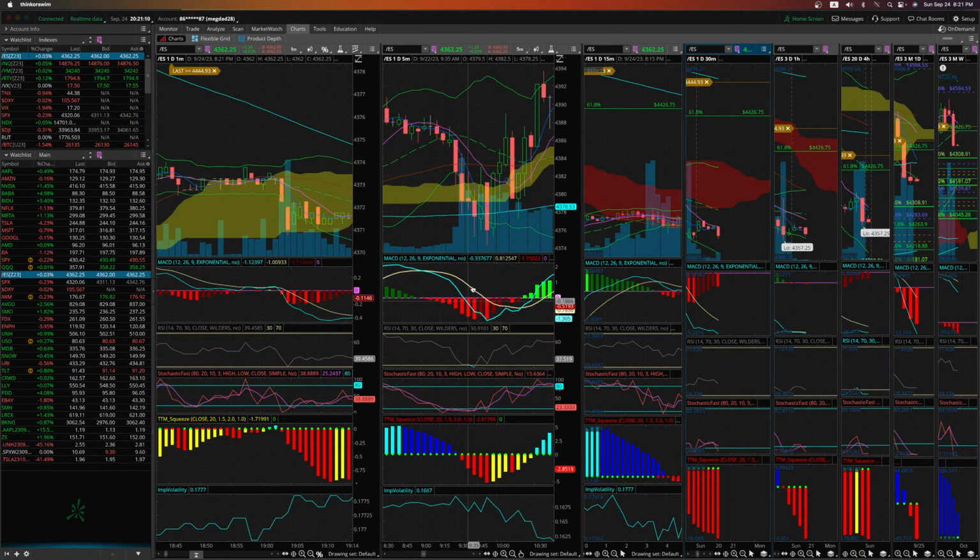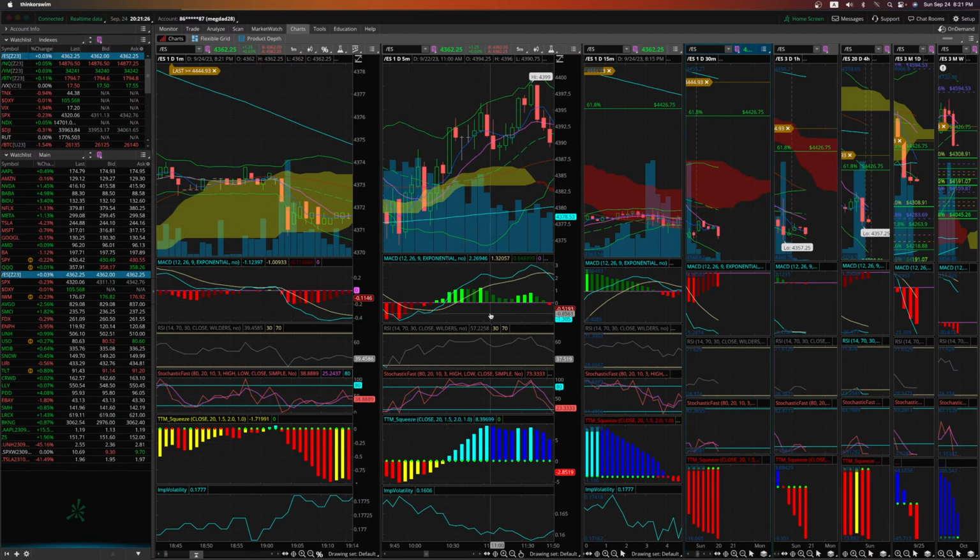This one was wide open and it continued going lower. Maybe you think this is the lowest point, but it continued going lower and made a new low until it gave a yellow bar on the TTM squeeze. Once that happens, at this point we got a MACD golden cross, and it comes up. So this is the whole concept I wanted to share about MACD and TTM squeeze, RSI, SMA.